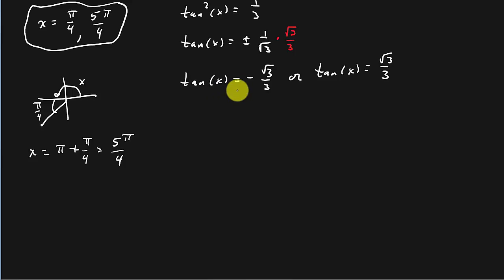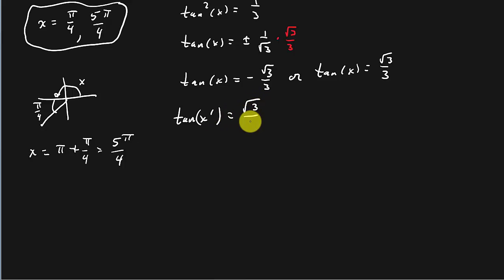Now let's look at this one. Tangent x equals negative square root of 3 over 3. So this tells me that my solution is in the second and fourth quadrant, because that's where tangent is negative. So first I need to find my reference angle.